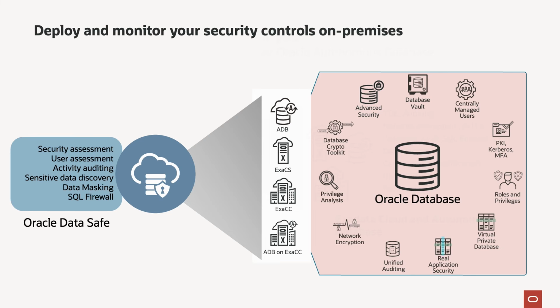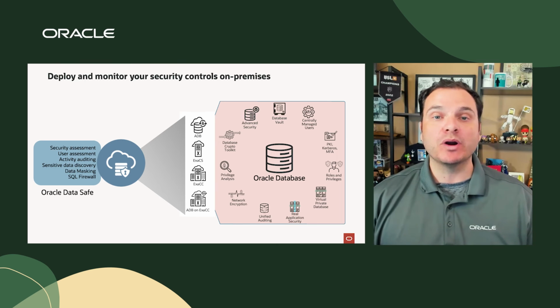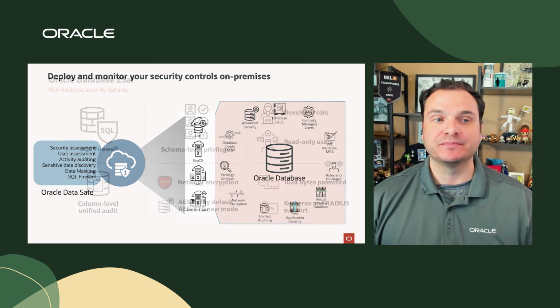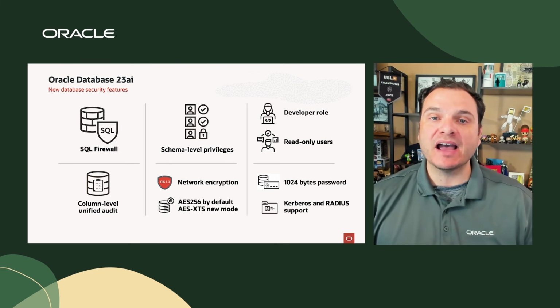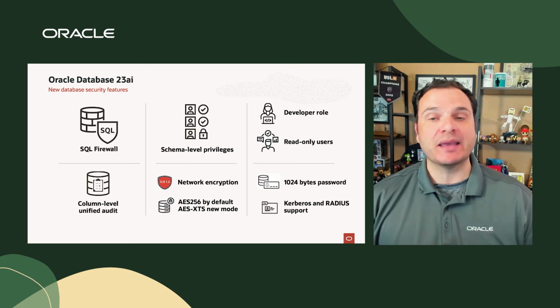You can use Oracle Data Safe to help you assess the security of your database, assess the security of your users, identify sensitive data, mask data for non-production systems, and centralize that Oracle database audit data no matter where your Oracle database exists.